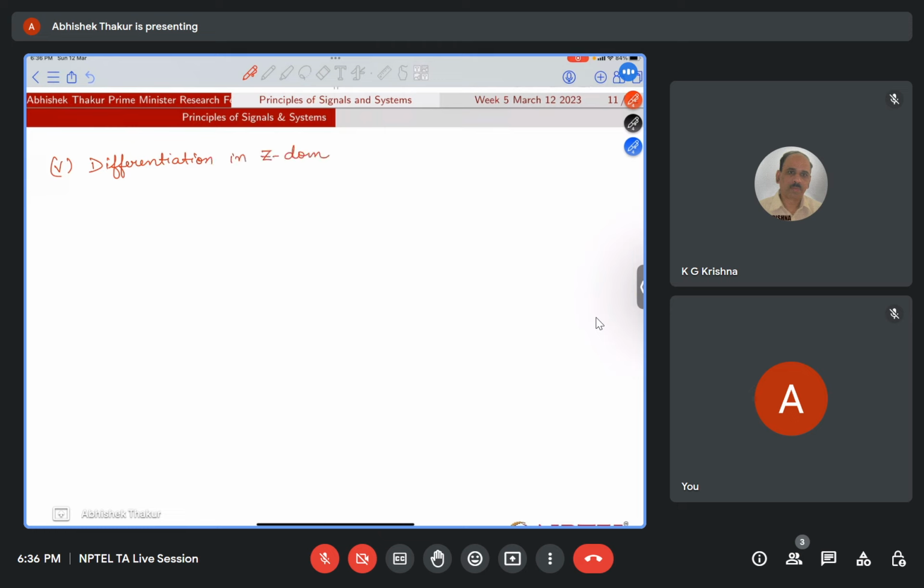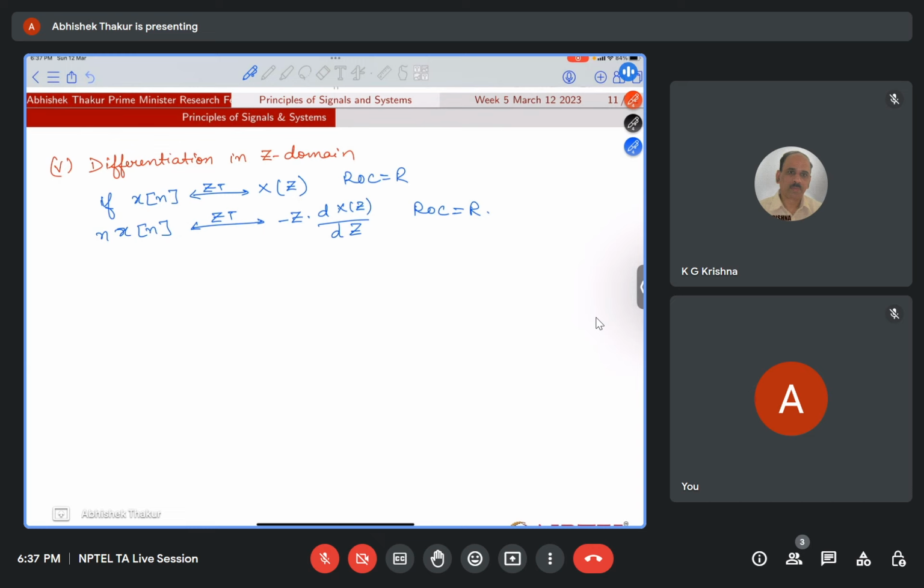In this, if Z transform of x[n] is given as X(z), then the Z transform of n into x[n] will be given as minus z into the derivative of X(z) with respect to z, and the ROC will be the same for this.